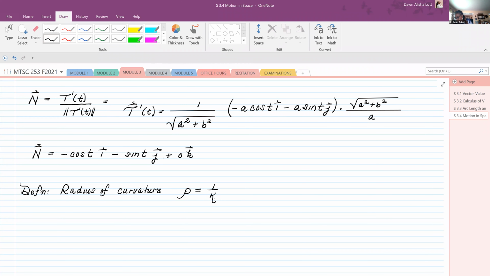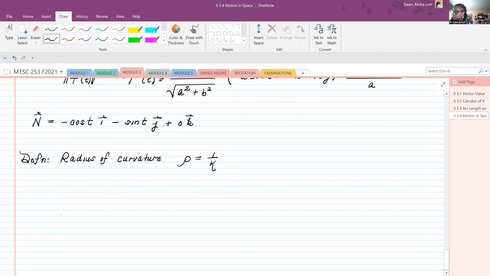The way you think about the radius of curvature is, whatever the curvature is, you can draw it. So let's say here's my curve. At this point, I can find the radius of curvature.